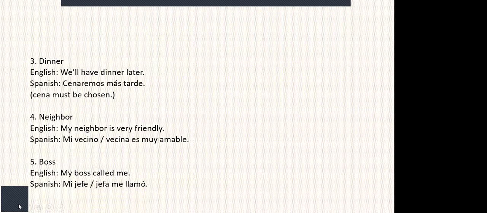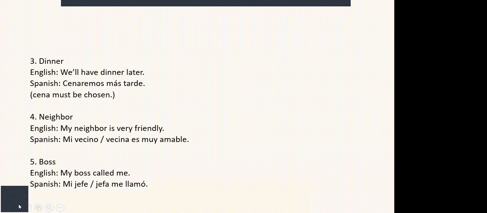Okay, here we have dinner. This is a specific case of a specific word. So: we'll have dinner later. Cenaremos más tarde. Cena must be chosen.